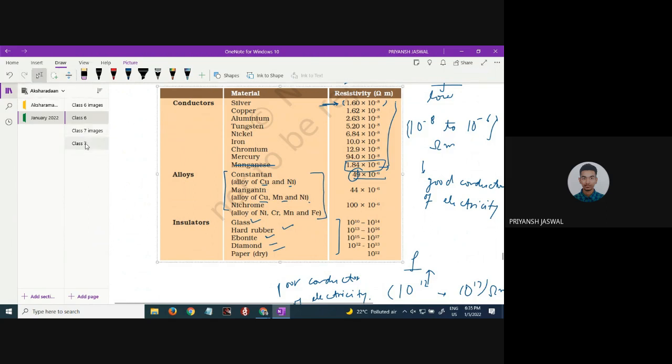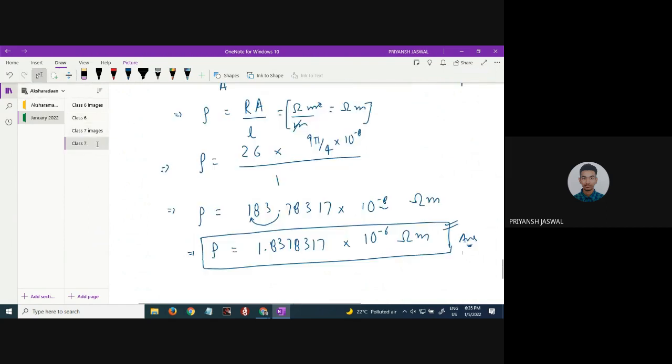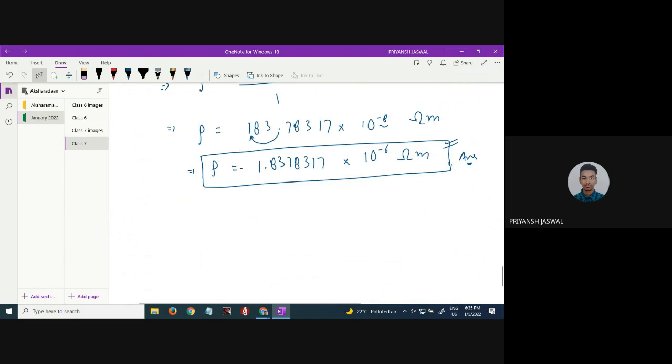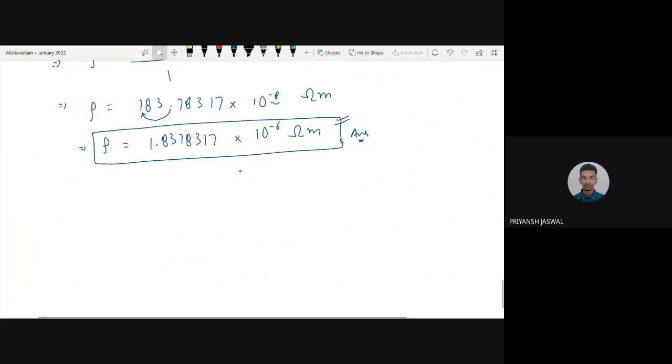So our material is manganese. Symbol is Mn.